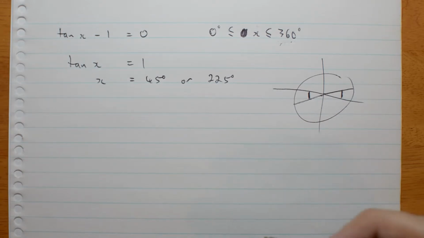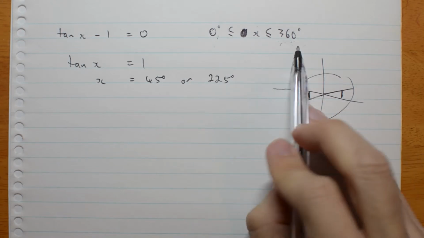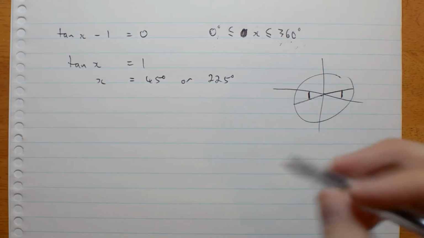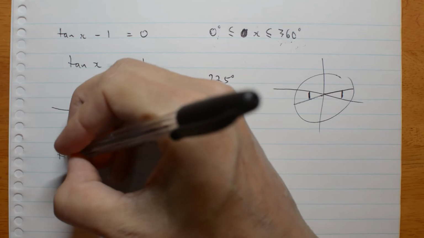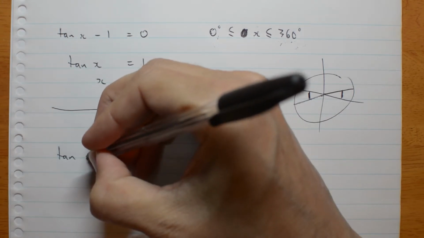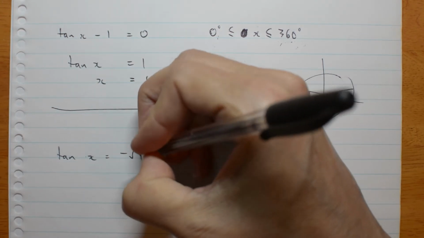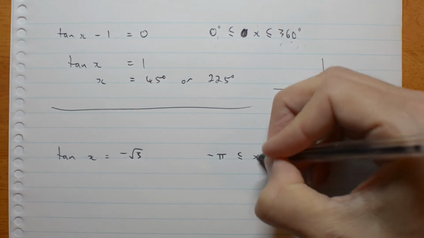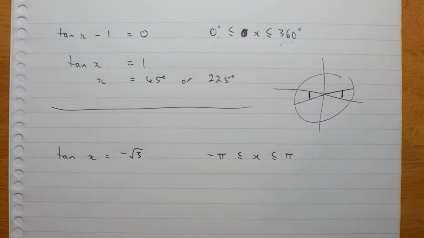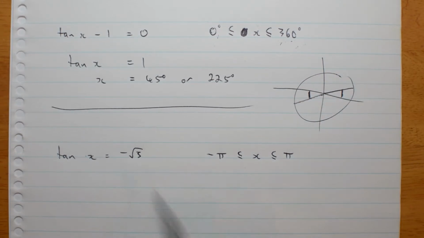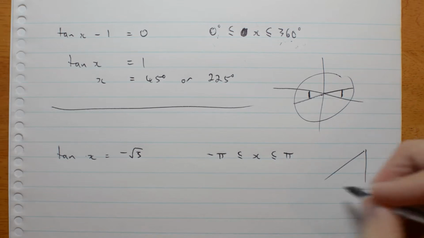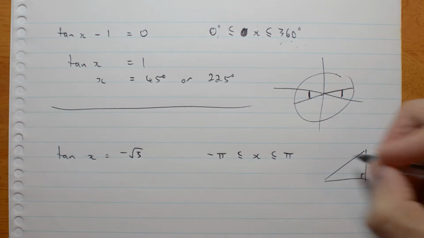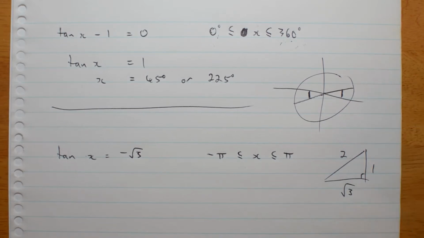What if I change the domain so it's no longer in the first whole circle? Let's try this. Tan x equals minus root 3 between minus pi and pi. Well, root 3 is coming from this triangle, 1, 2, root 3.